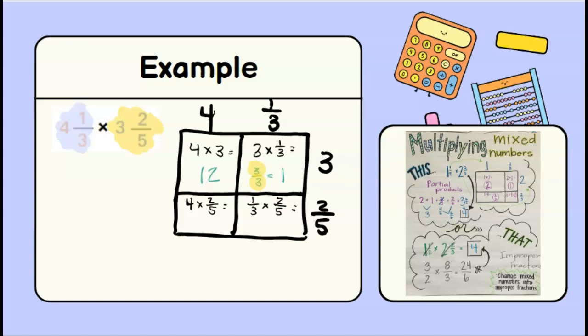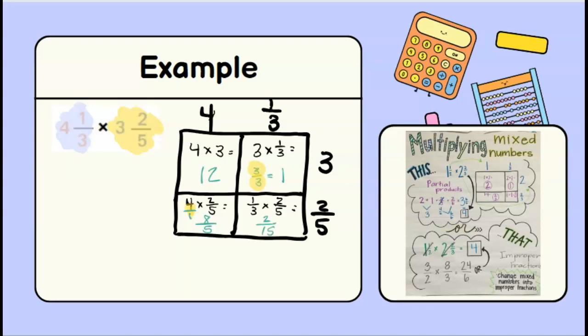Next, I'm going to multiply 4 over 1 times 2/5. So 4 times 2 is 8 over 5. So the answer to that is 8/5. And then finally, multiplying 1/3 times 2/5 gives me 2 over 15.